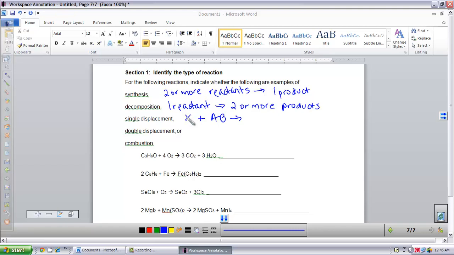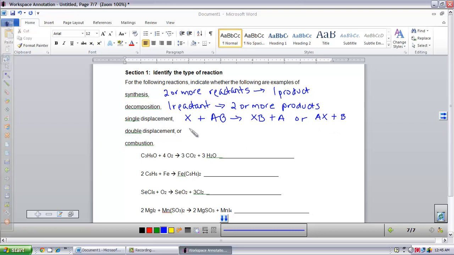Now if X is a metal, it's going to replace the metal. So X would replace A, and you would get XB with A by itself. If it was a non-metal, then X would be in the B position, and so you would get A with X plus B by itself. So it just depends on if this is a metal or a non-metal as to how the products are going to work out.